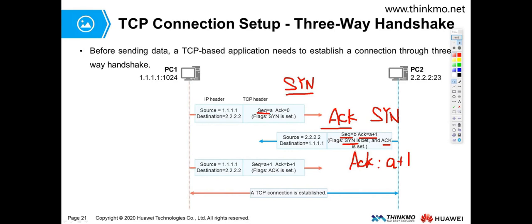Next time, if you receive my message, then you use this A plus 1 as your sequence number. So here we can see that when my PC1 replies to PC2, I use the other party's ACK. In this case, my ACK also needs to confirm that I received the previous message's reply. So I take their sequence number and add 1, which is B plus 1 here as well.